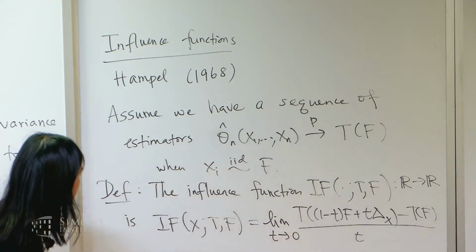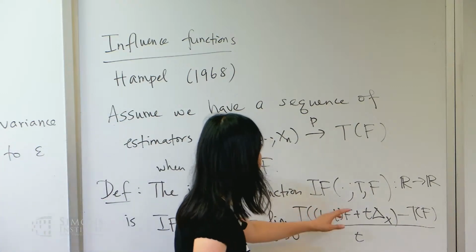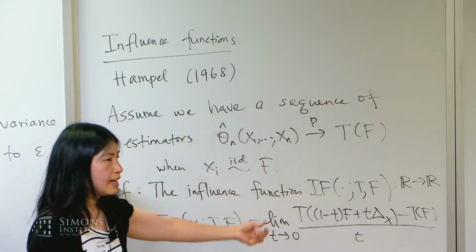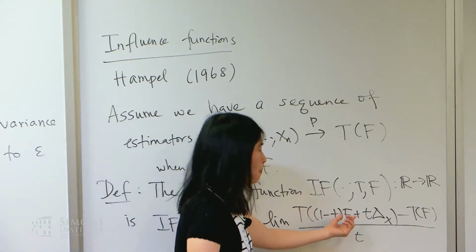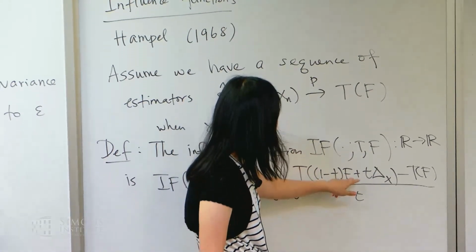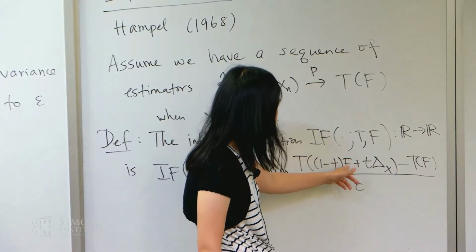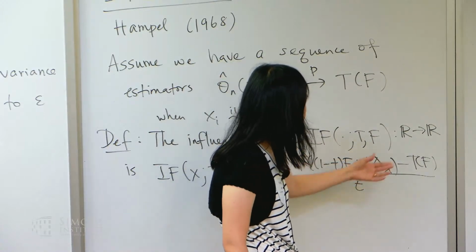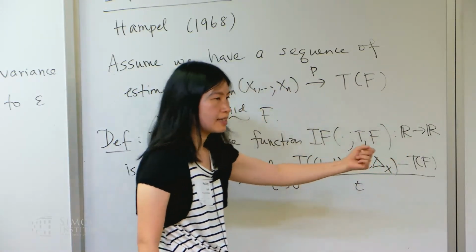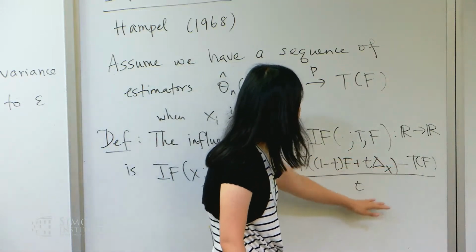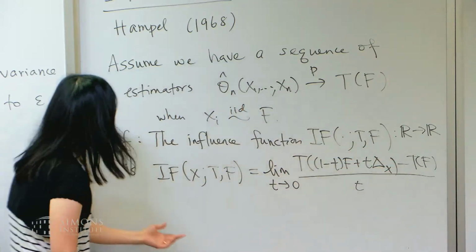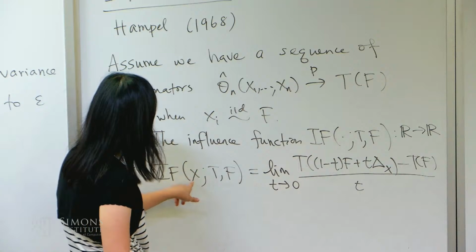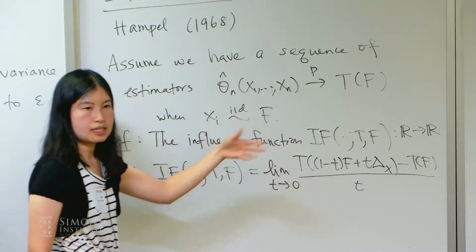So it has some flavor of this Huber mixture. We're still drawing IID data from a mixture distribution. Maybe f is like our standard normal, and we allow ourselves to draw with probability t from some contamination point mass at x. We look at this as a functional derivative, and this value is going to depend on what direction we're contaminating in.